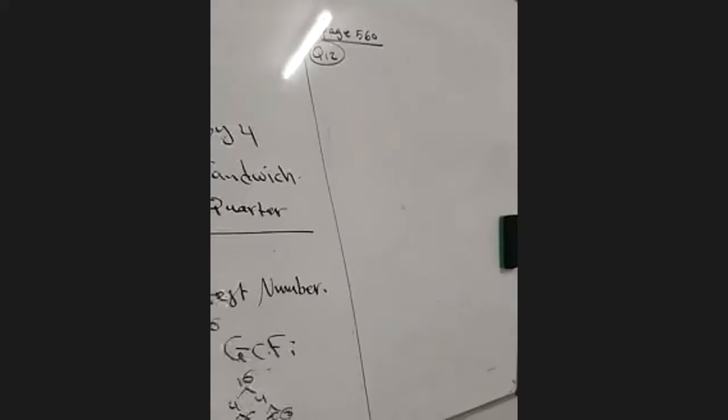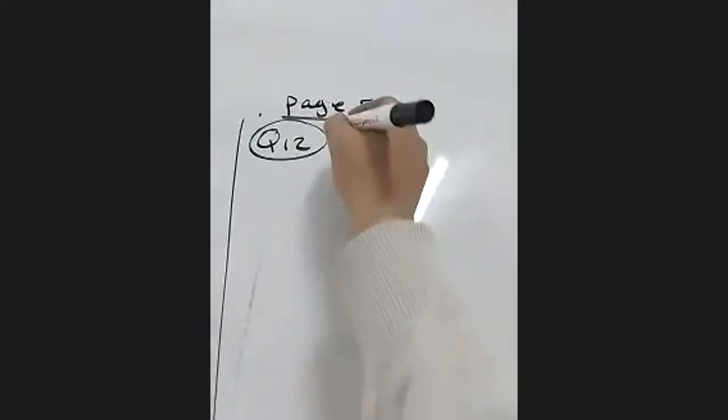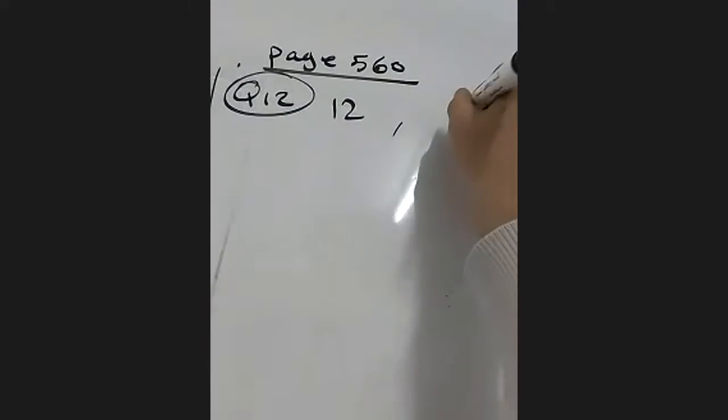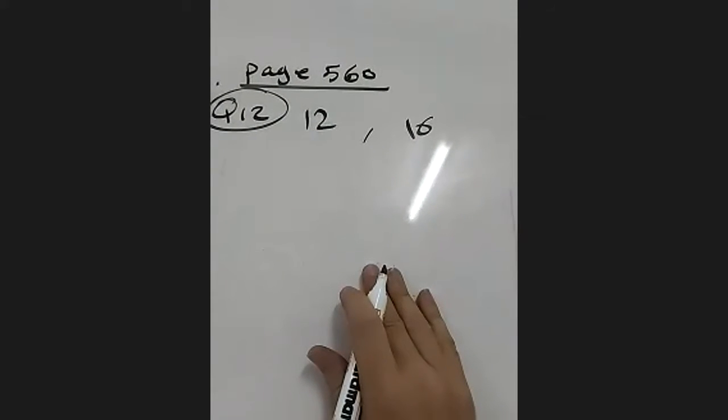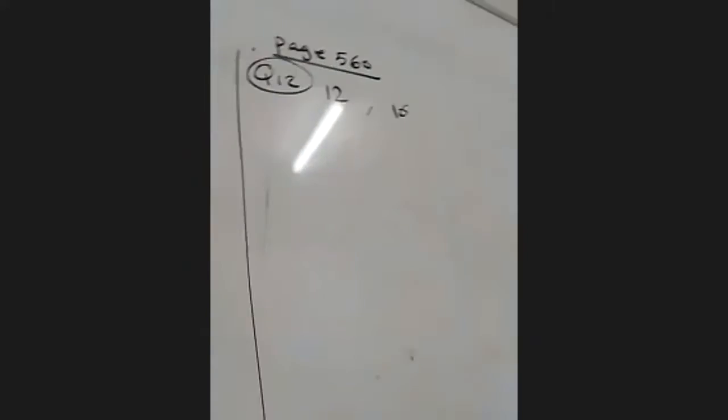Read. 12 pens and 16 pencils will be placed in bags with an equal number of each. Good. So we have 12 pens and 16 pencils. So we have 12 and 16. Continue.